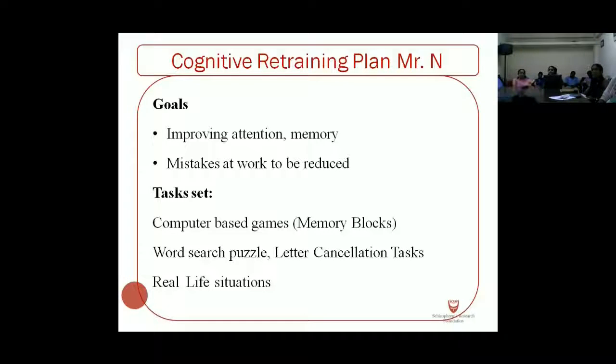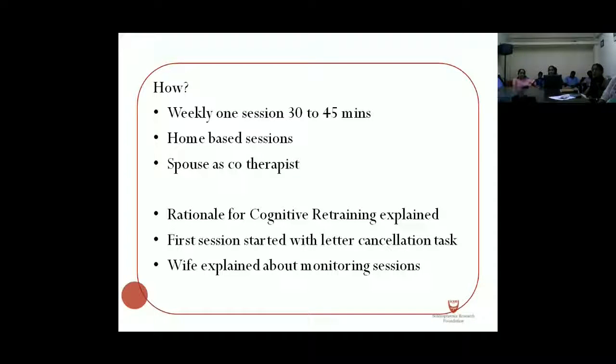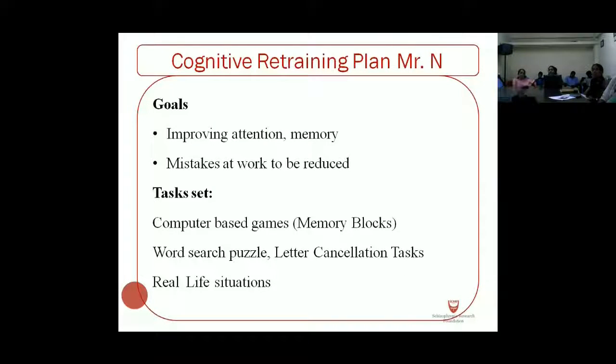The tasks set to address these goals were computer-based games like memory blocks, which address memory, and word search puzzles and letter cancellation tasks to improve attention. Real-life tasks related to his work atmosphere were also considered, but it was decided to add them to the plan at a later stage, not at the initial stage.